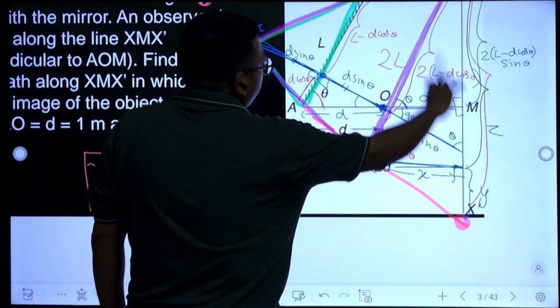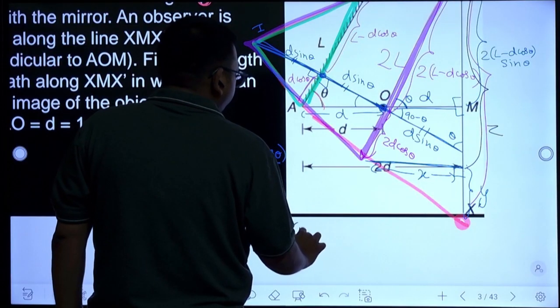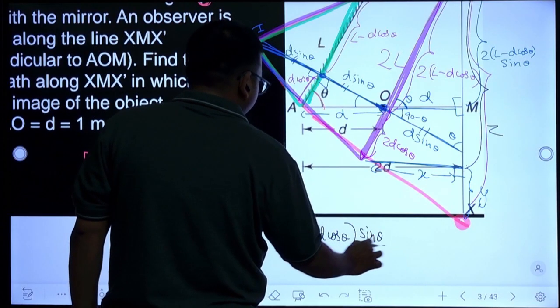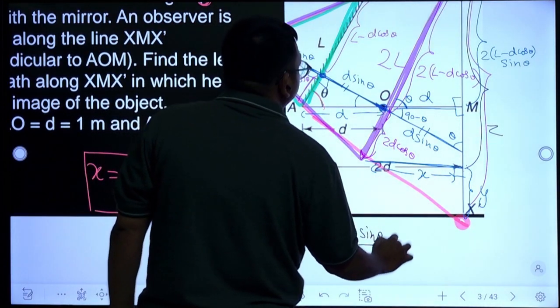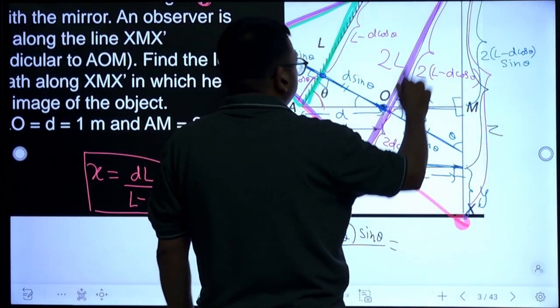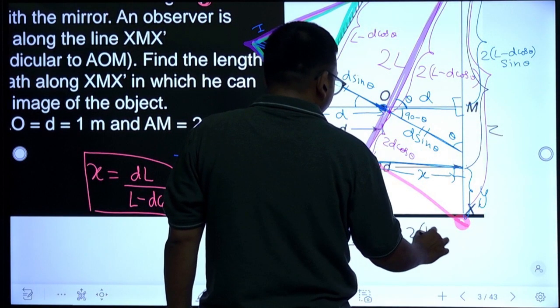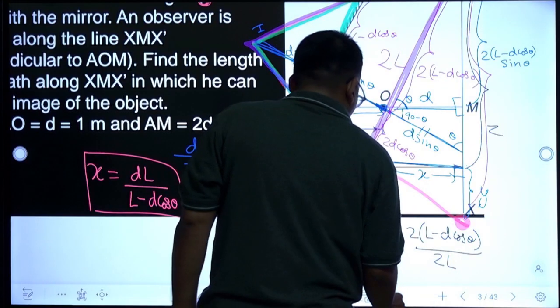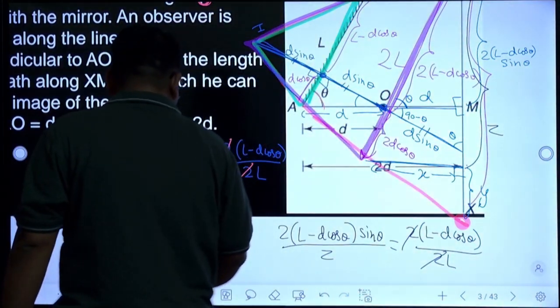So this small length by total length, that means 2L minus d cos theta into sin theta divided by z, is equal to this length by total, that ratio is same, L minus d cos theta divided by 2L. So we will be able to calculate z from here.